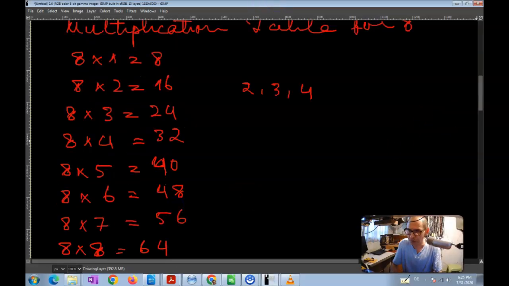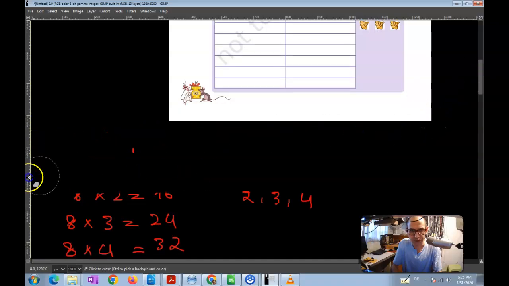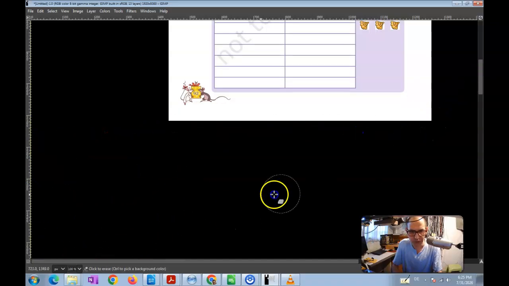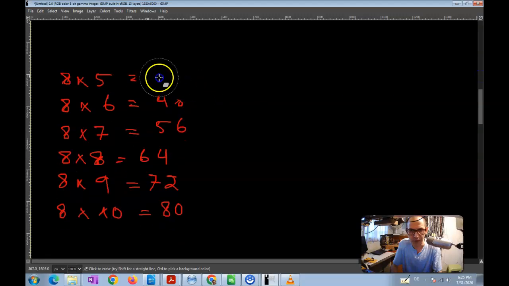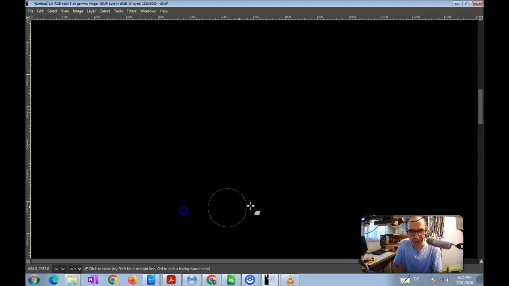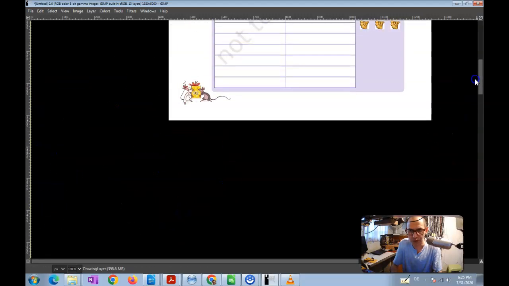Now the only thing that remains is the multiplication table for 9. So let's write that down over here, and then we will have discussed all the multiplication tables.